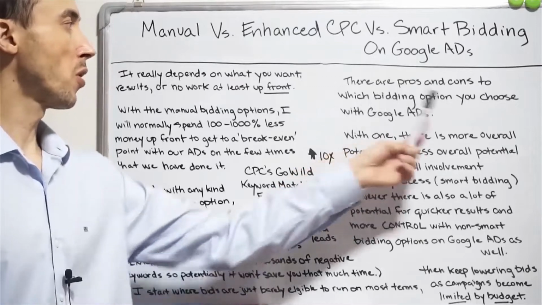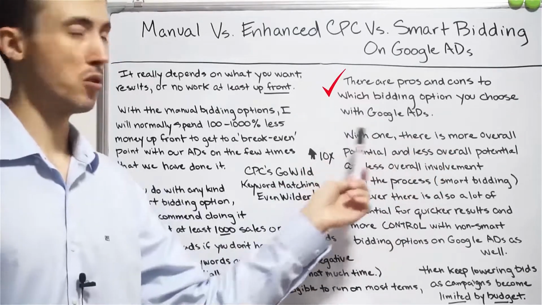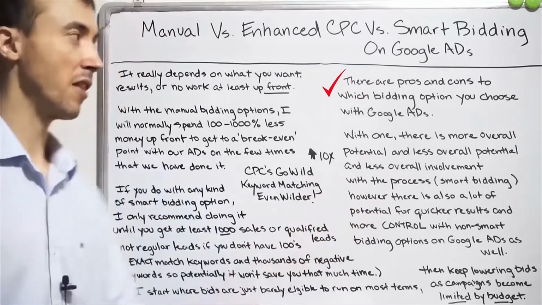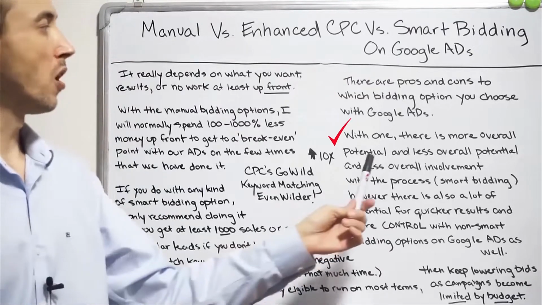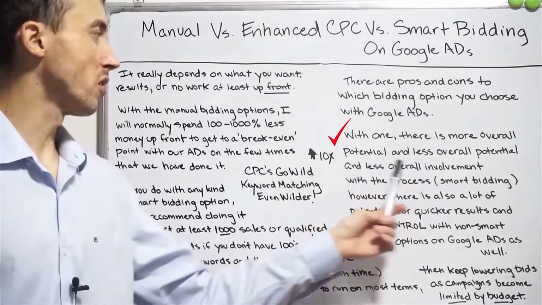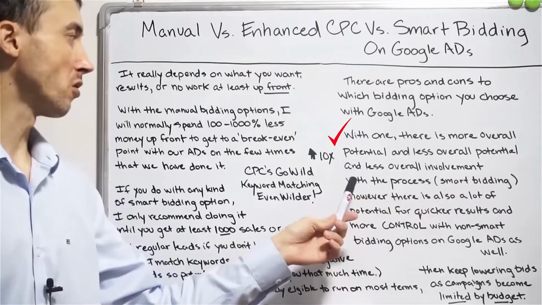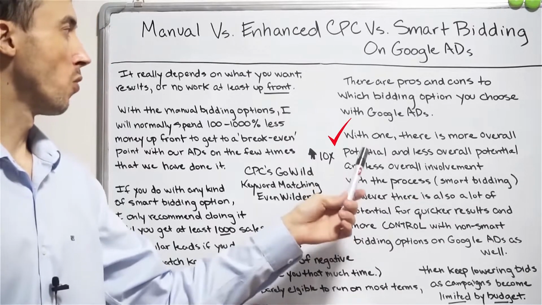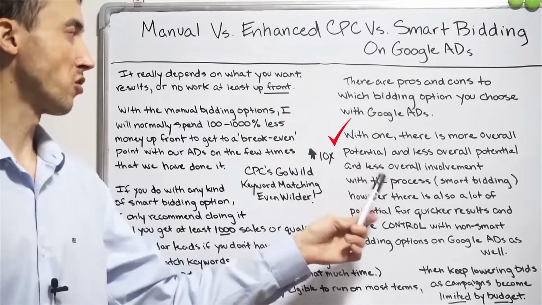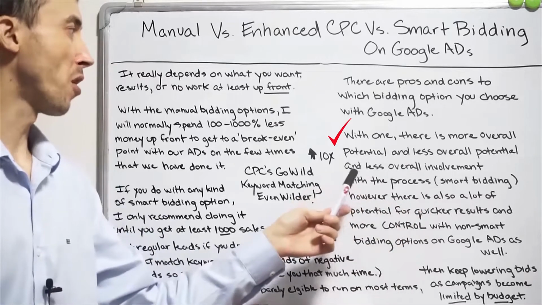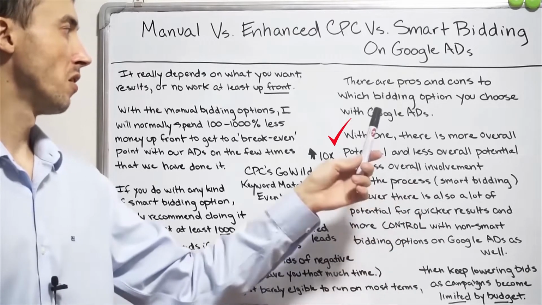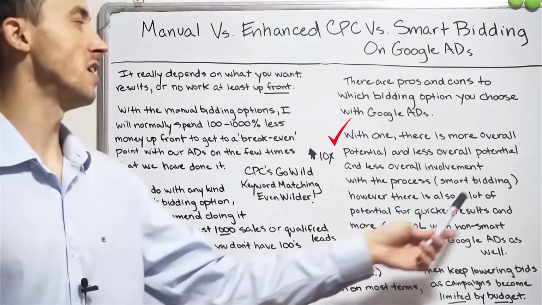So anyway, there are pros and cons to which bidding options you choose with Google Ads, as there is in life and everything else. With one, there's more overall potential, and with another, there's less overall potential and less overall involvement with the process, i.e. smart bidding.